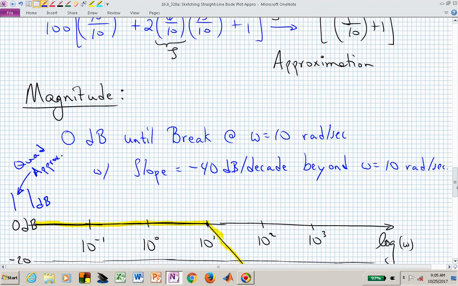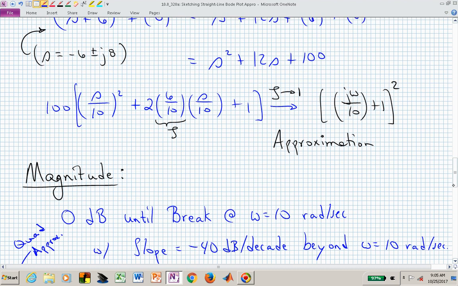What happens in the phase? Again, we can focus on the three frequencies. We have the small frequency, which is a decade before. We have the large frequency, which is a decade beyond. And we have the sweet spot, which is right at the break frequency. Right at the break frequency, which is 10, we have 1 plus j.